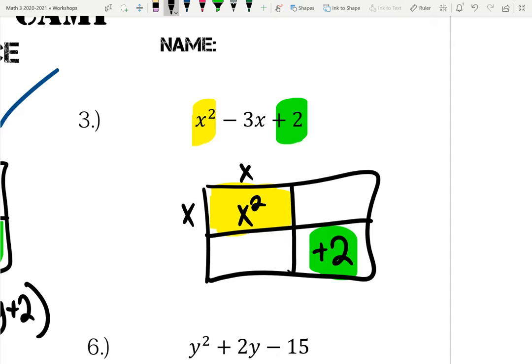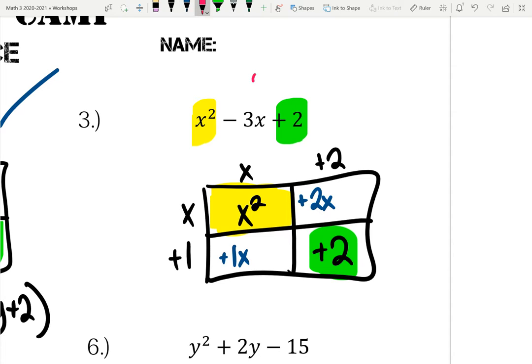This is going to be pretty much standard. I have to think about what multiplies to be 2. Oh, positive 2 and positive 1. When I calculate this, I get a positive 1x and 2x. Notice positive 1 and positive 2x results in a positive 3x.